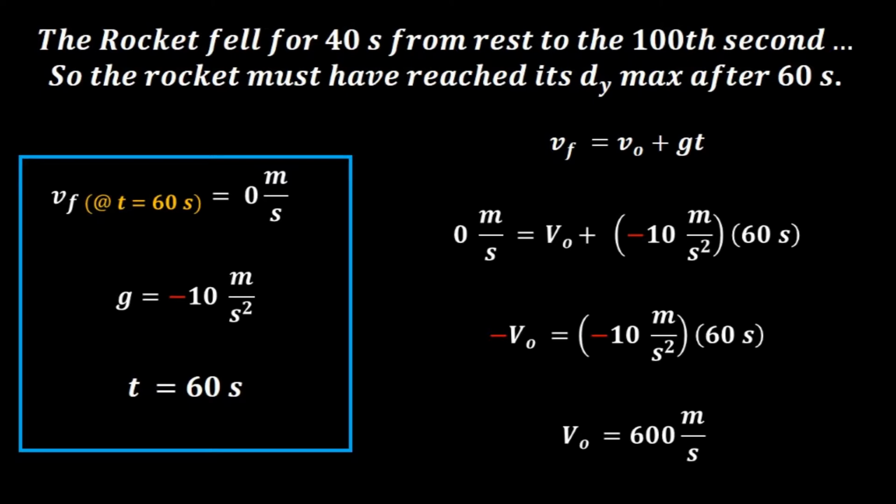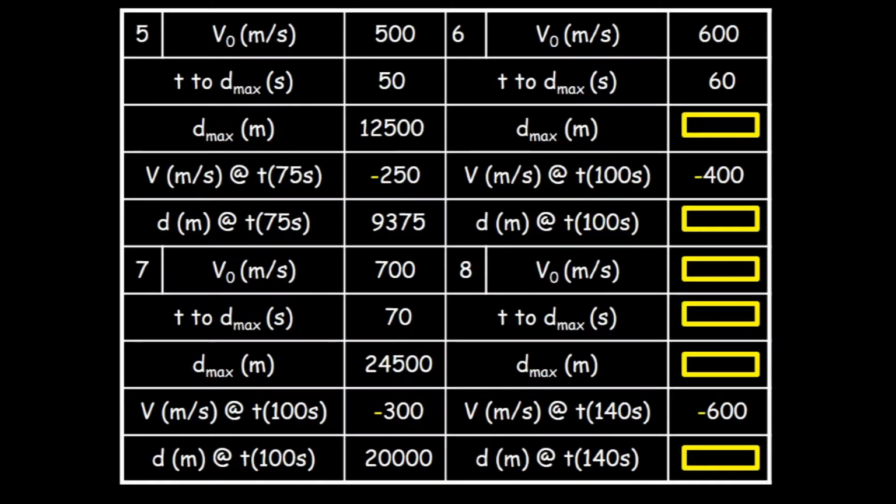It's going to be a negative gravity, and it's going to stop moving at 60 seconds. So plugging that into the equation obviously becomes the initial velocity was positive 600 meters per second. And that's what we're going to put into our chart.